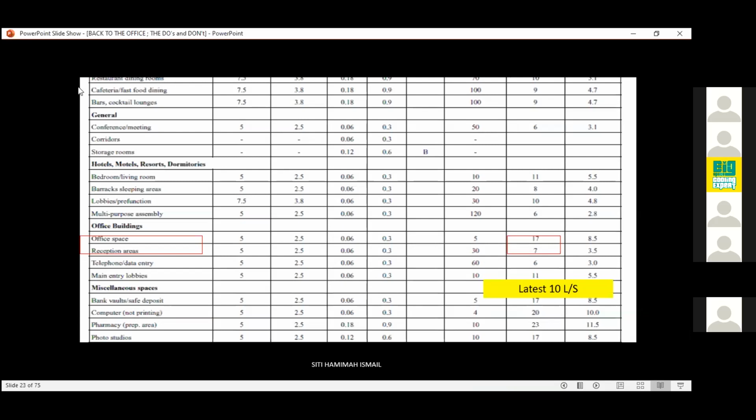Okay, kalau you tengok ni ASHRAE standard sebelum ni untuk office space, okay, dia kata you can go to 5 liter per second and reception area to 30 liter per second. So but this one, kalau you tengok, 8.5 dengan 3.5. So latest DOSH bagi tahu dia kata you have to comply dengan 10 liter per second. Okay.